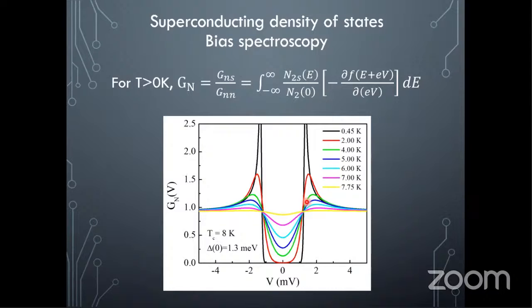I mean, scanning tunneling spectroscopy is an extremely useful tool to show that the BCS predictions are actually correct, not only correct, they're experimentally verifiable.